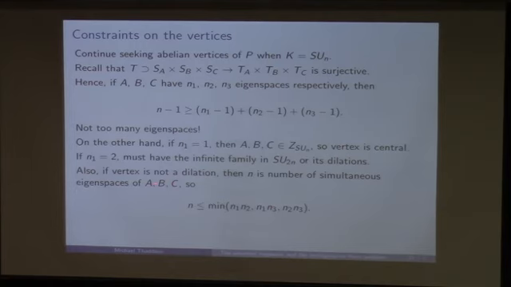But these are 3 elements that multiply to 1. How many simultaneous eigenspaces can there be? Well, it's at most the number of eigenspaces of A times the number of eigenspaces of B, right? Same with B and C, same with A and C. So I also cannot have too few eigenspaces. You see, this inequality goes in the opposite direction.